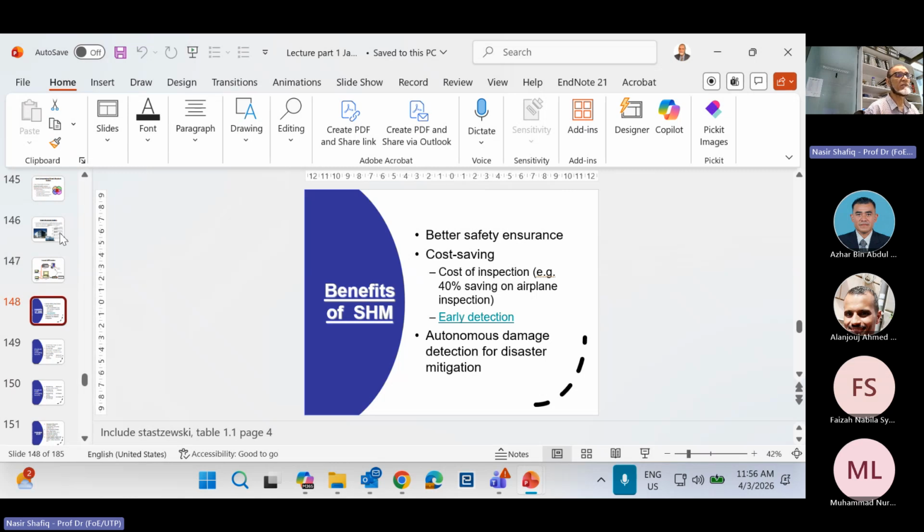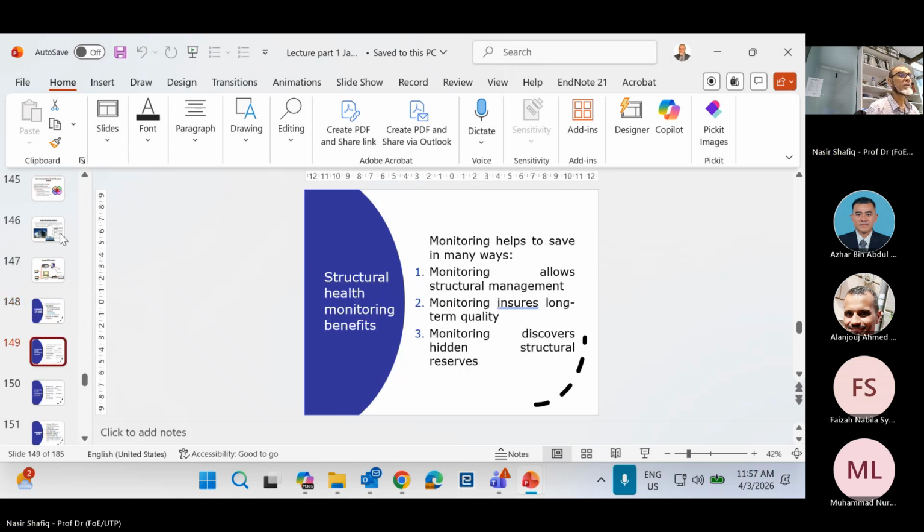Benefits: better safety, cost saving on inspection, 40% saving on airplane inspection, right? Because it is immediate, there is better early detection of any anomaly, and autonomous damage detection for disaster mitigation. Monitoring helps to save in many ways, allows structural management, ensures long-term quality, and discovers hidden structural reserve, right?